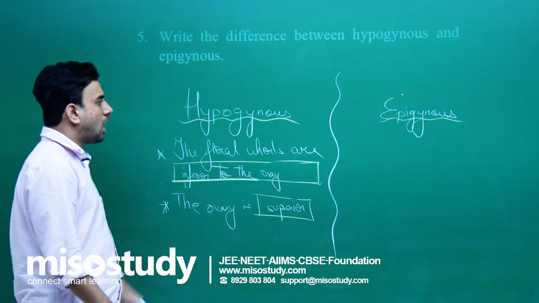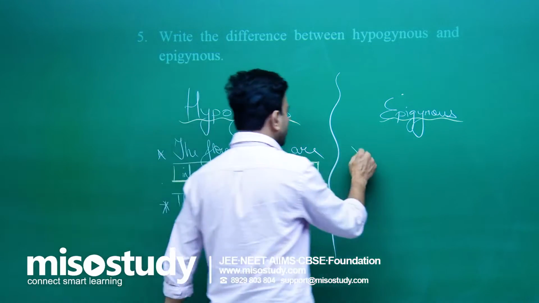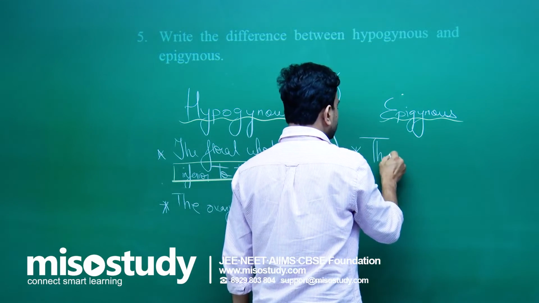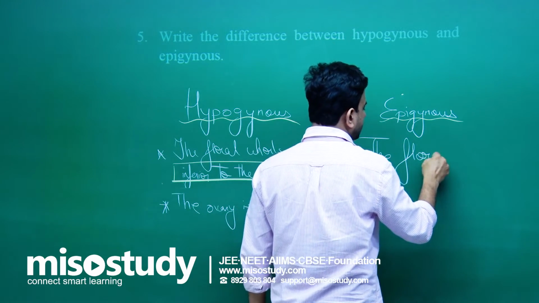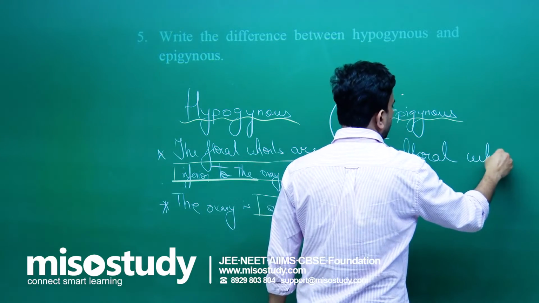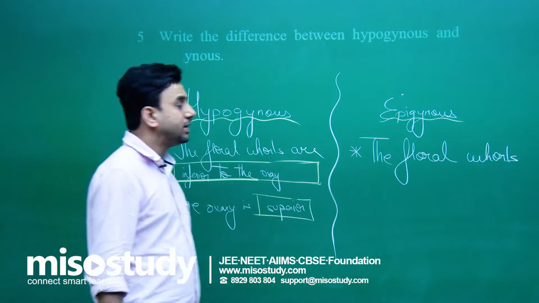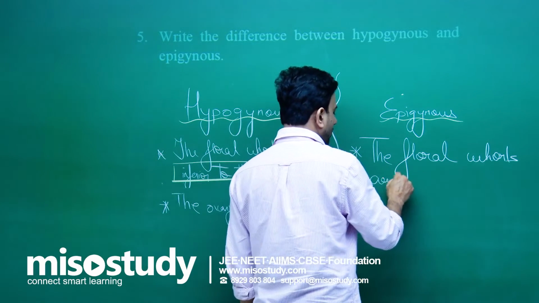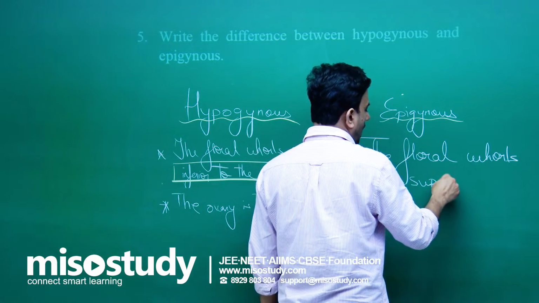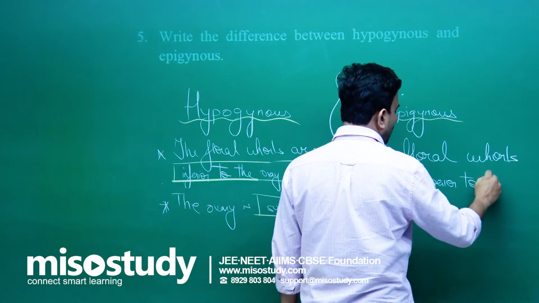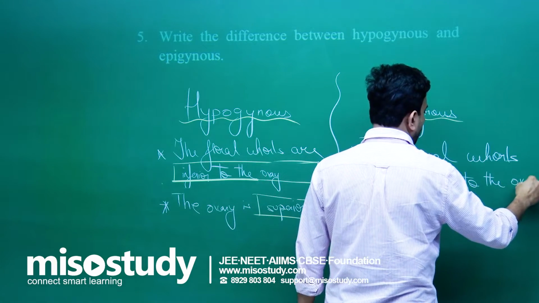However, in epigynous, the floral whorls are superior to the ovary. So what does it mean?